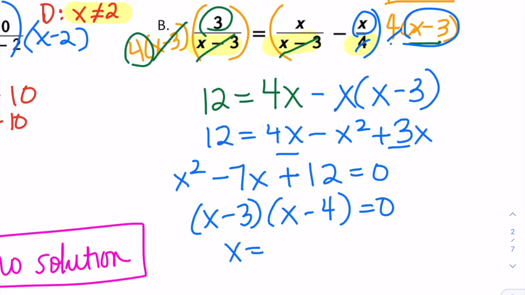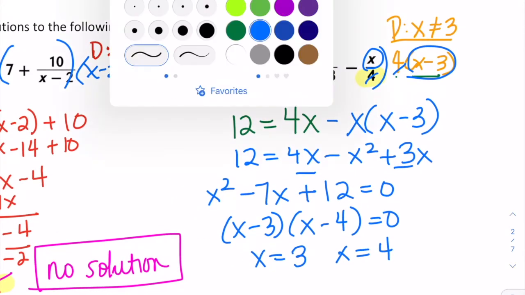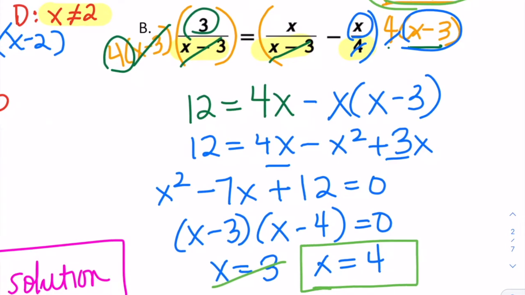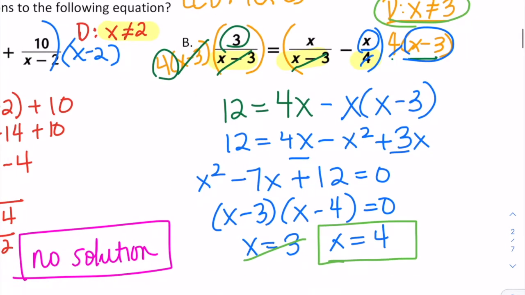So we know that x can equal 3 here, and x equals 4. But remember, we have to go back to the restrictions to see the extraneous solution. We said x cannot equal 3. So that's one solution that will not work. The only solution left is x equals 4. So this does have a solution, but remember, it also has an extraneous solution.